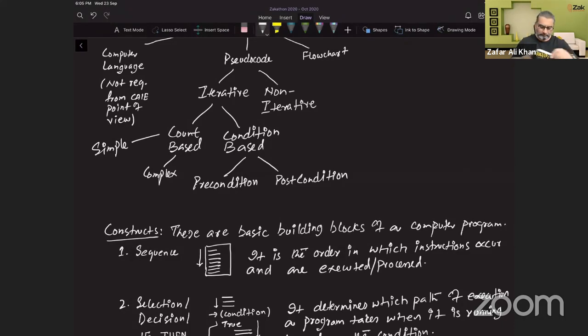So the simple one is simple, the complex one is called nested.